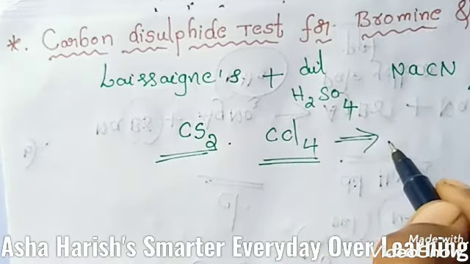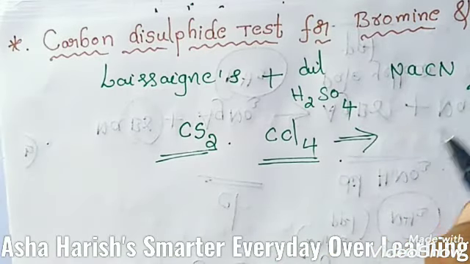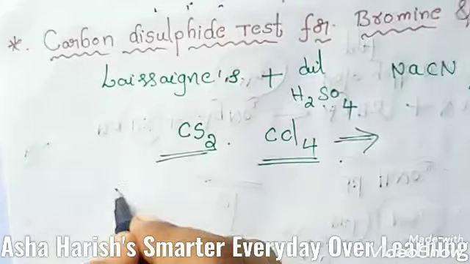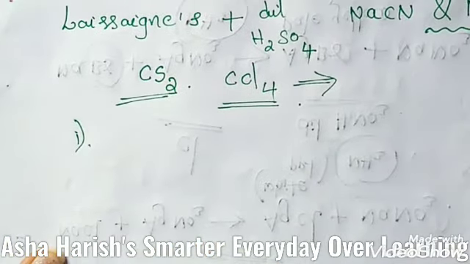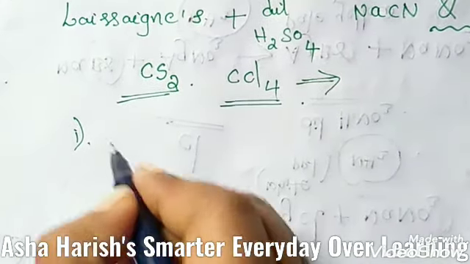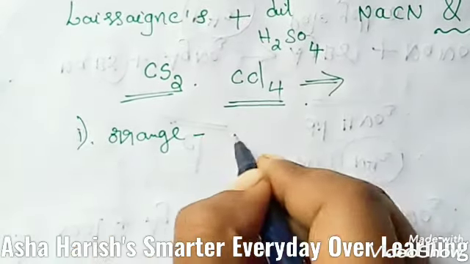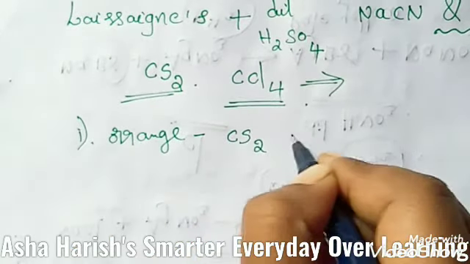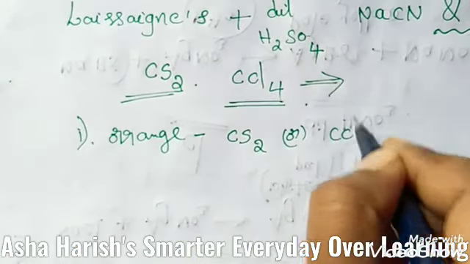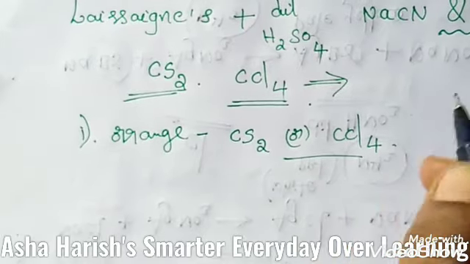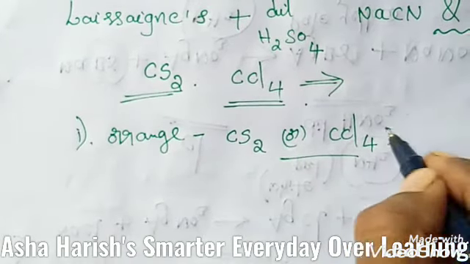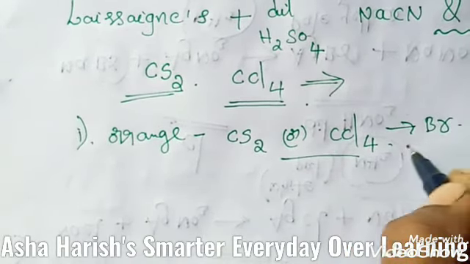The solution is vigorously shaken and kept to stand. If you leave it for a few minutes, students, first of all you have to observe an orange color in the CS2 or CCl4, carbon tetrachloride, layer, which indicates the presence of bromine.